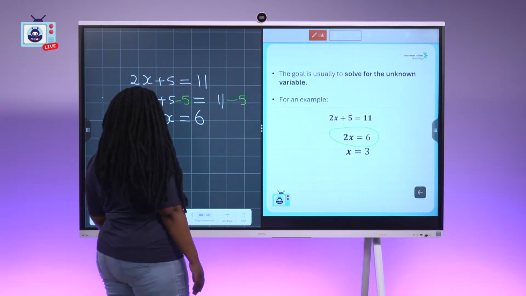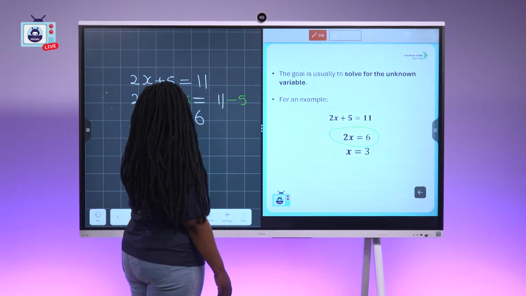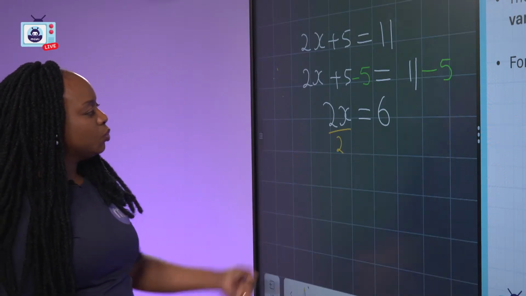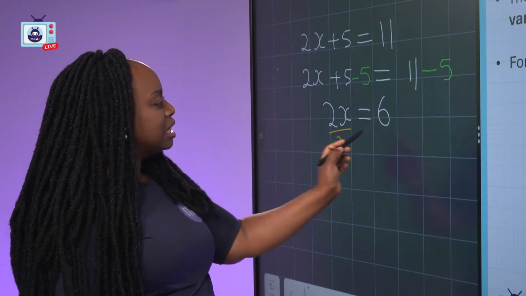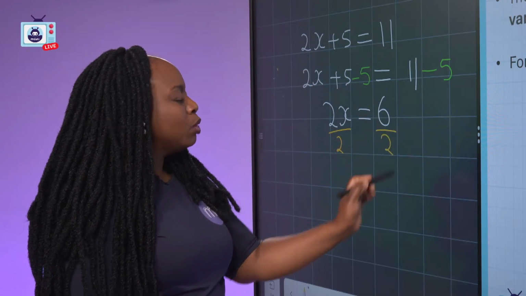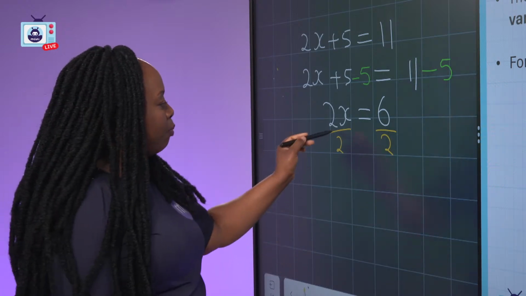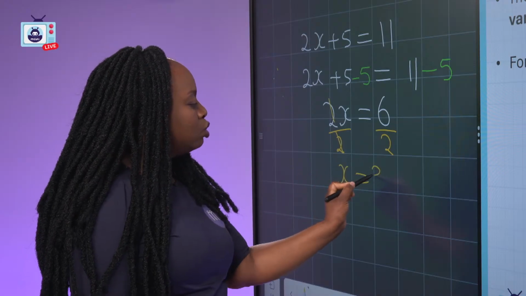Then from here, we still have to continue isolating. We need to use the multiplicative inverse. In this case, we have 2x, we need x alone, so we need to divide that side by 2, but what we do on the left, we do on the right. So we divide both sides by 2, therefore our x will be equal to 3.